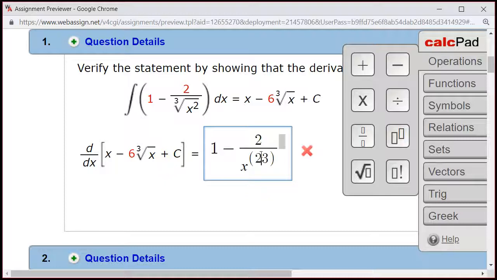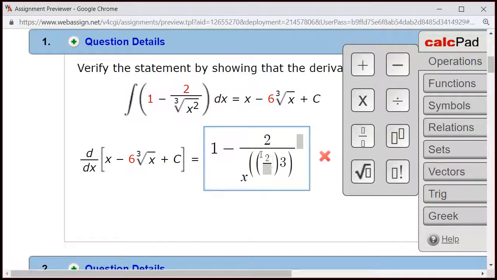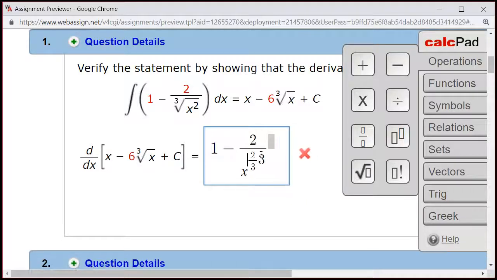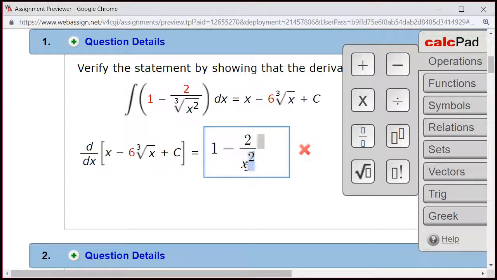That's not what I wanted to do. So that's 3 there, and I want to get rid of that parenthesis. And better yet, since a 2/3 power can be replaced with a cube root, I'm going to write this as a cube root.